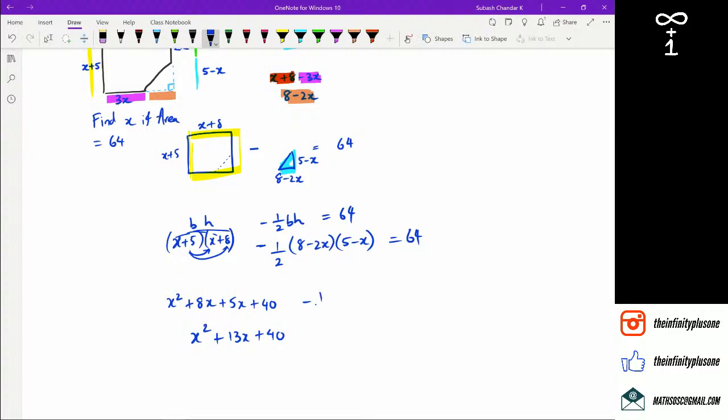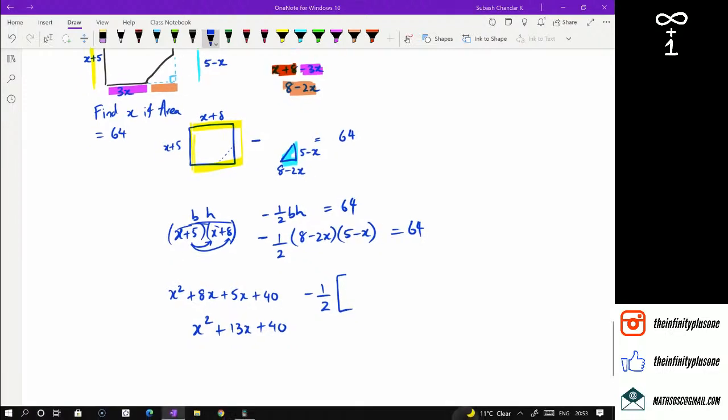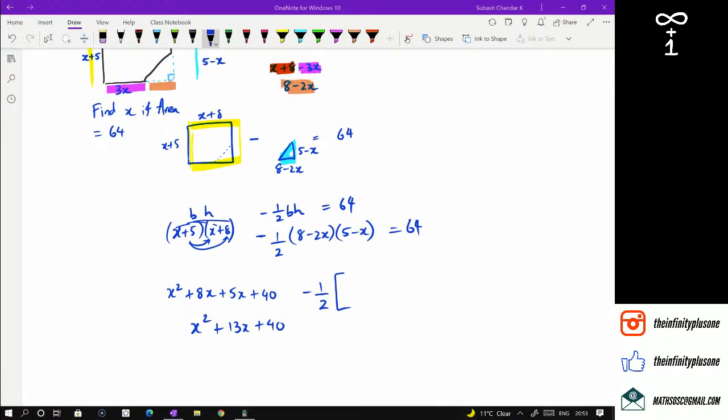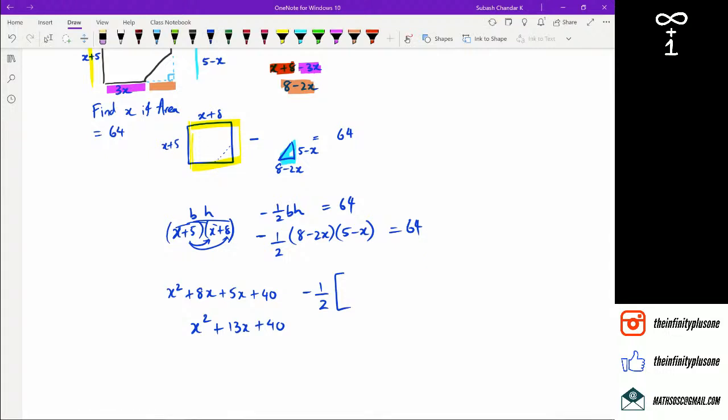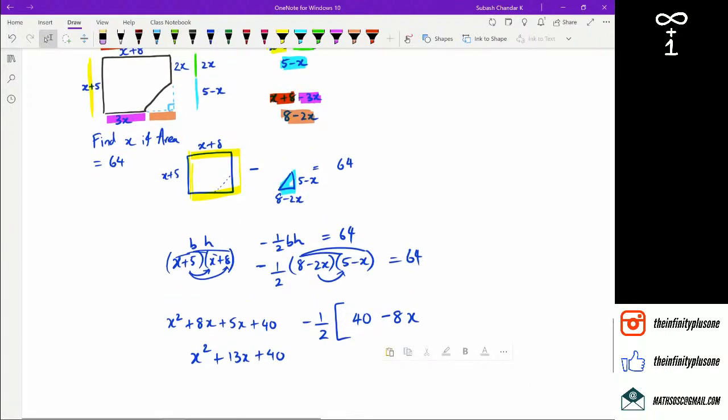Now minus half, and I'm going to expand these two brackets. So 8 times 5, which is 40. And then 8 times negative x, which is negative 8x. Then I've got negative 2 times 5, which is negative 10x.